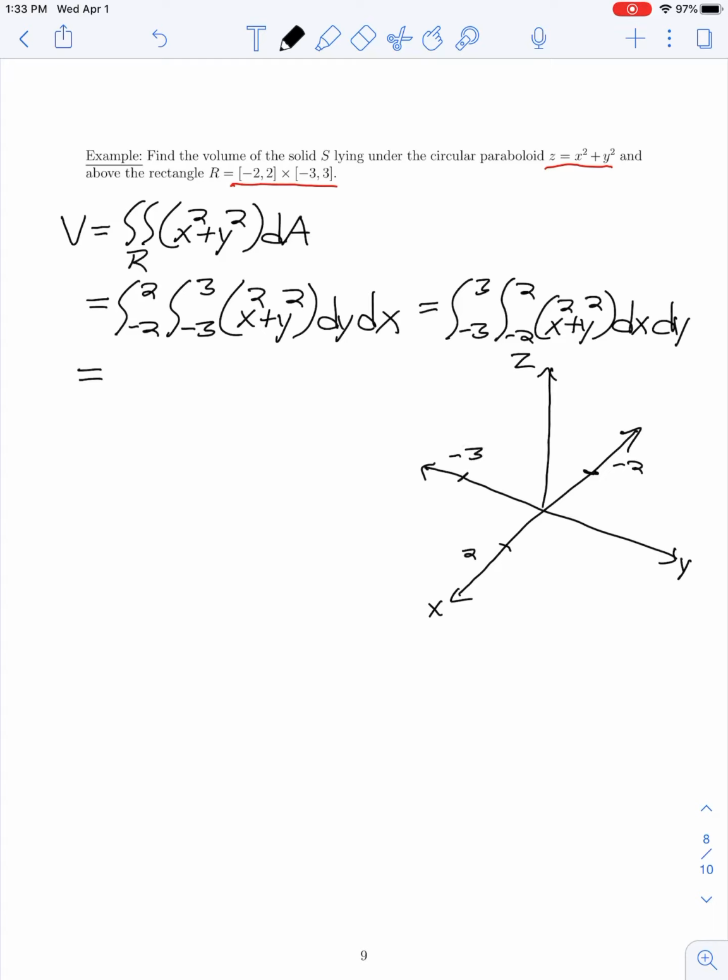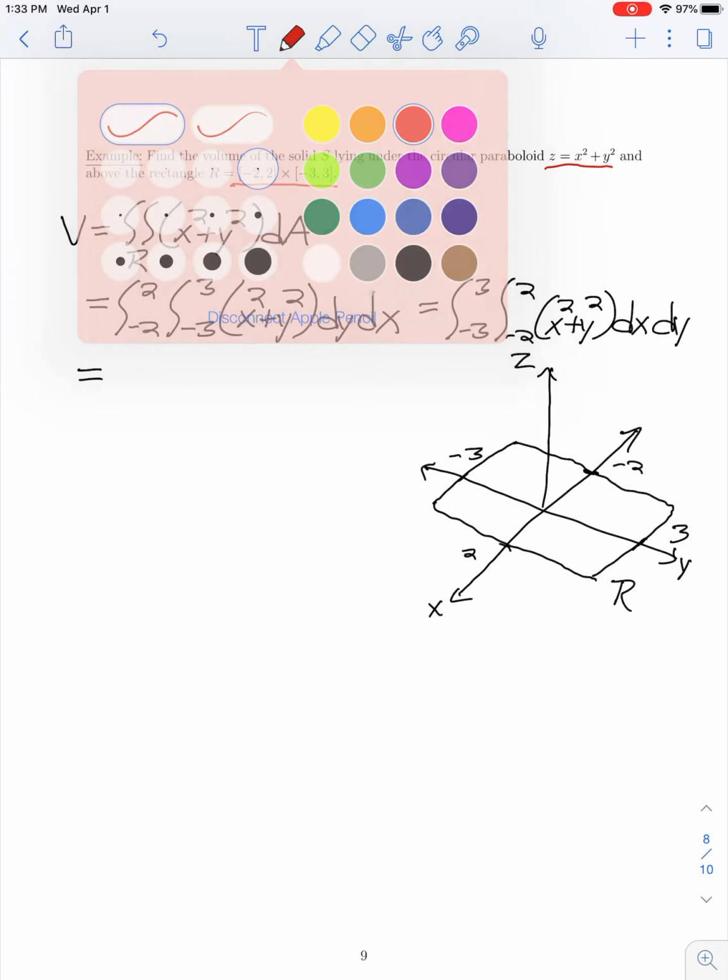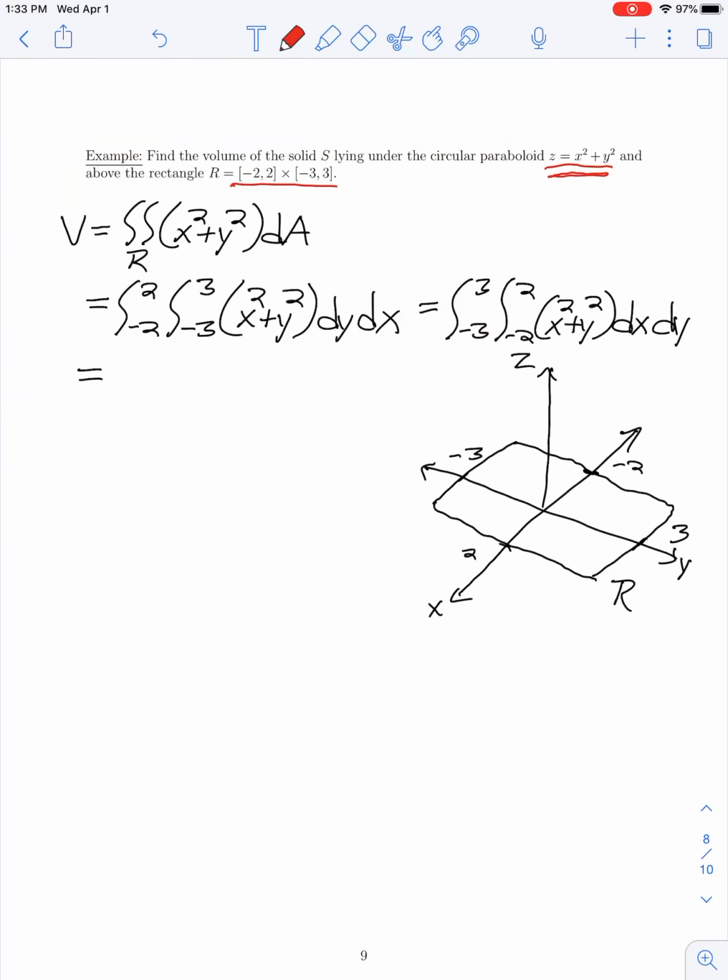And we're integrating over a rectangle where x ranges from -2 to +2, and y ranges from -3 to 3. So the rectangle that we're integrating over would be the rectangle shown here in the xy plane.